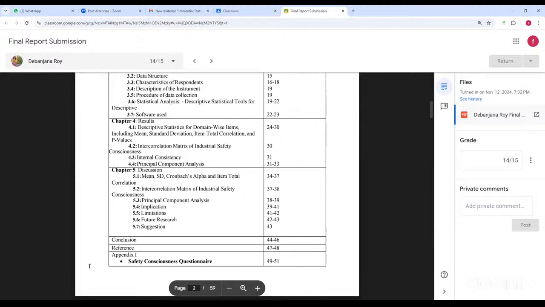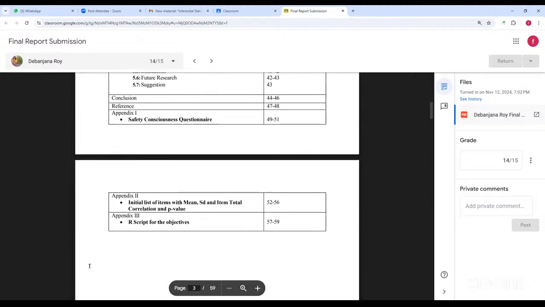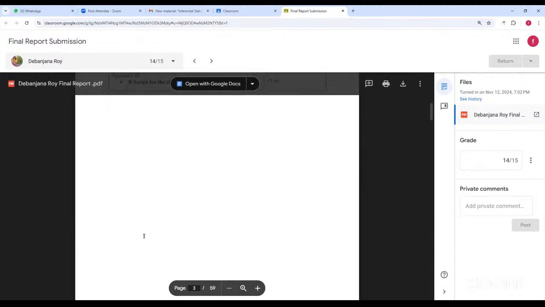Appendix includes the safety consciousness questionnaire, and next there will be the R script.